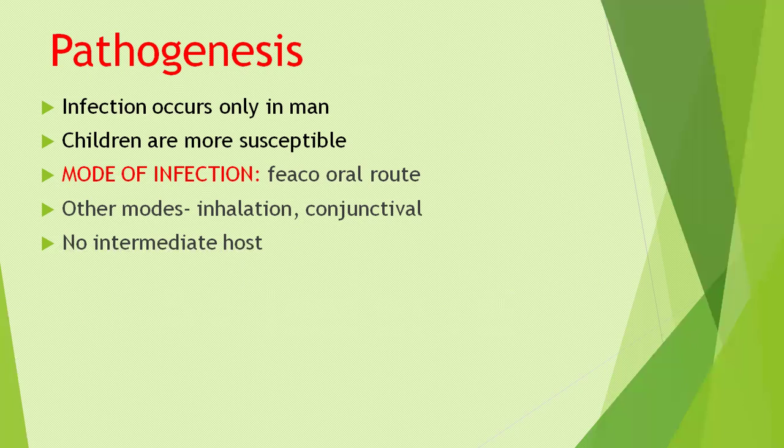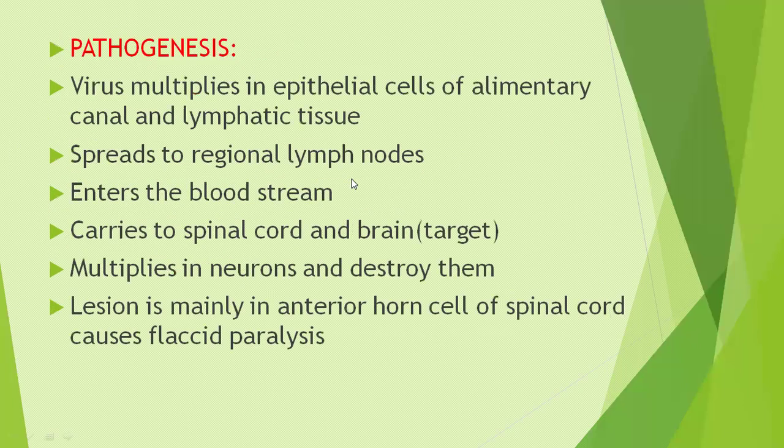So here, how does the virus enter? As we discussed, the virus enters by the feco-oral route. First of all, the virus multiplies in the epithelial cells of the alimentary canal and in the lymphatic tissue, and from there the virus spreads to the regional lymph nodes, and from the lymph the virus enters into the bloodstream, and this is called viremia, that is presence of virus in the bloodstream.